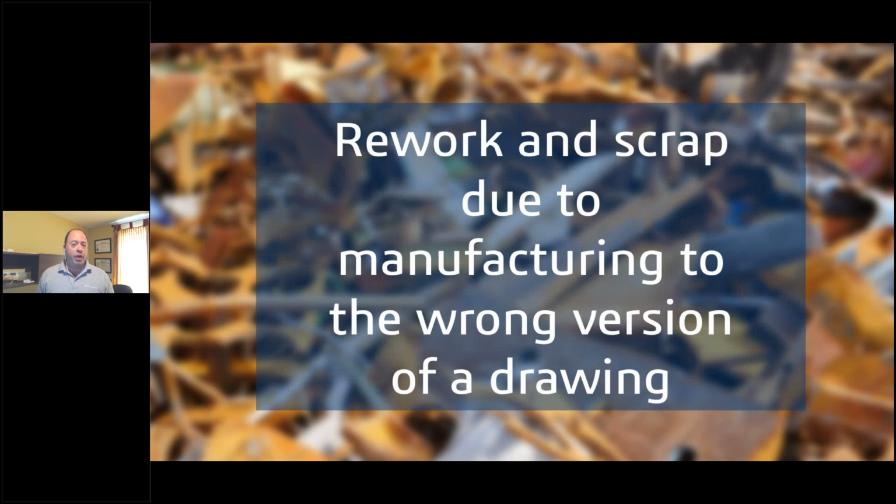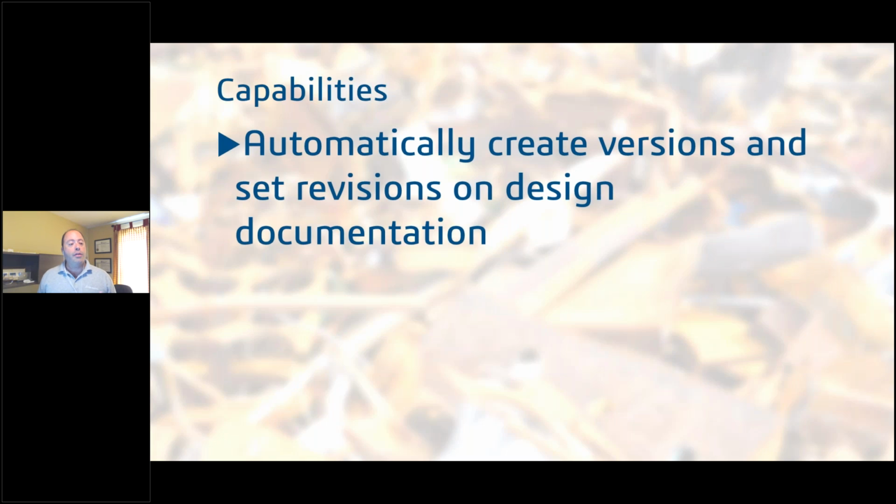We talked about rework and scrap. Usually when a company gets caught scrapping something really expensive because they didn't manufacture the right version or revision, that prompts a lot of internal meetings and questions about how that happened. Well, with PDM, you can do away with that headache because all the versions and revisions are controlled and done automatically.